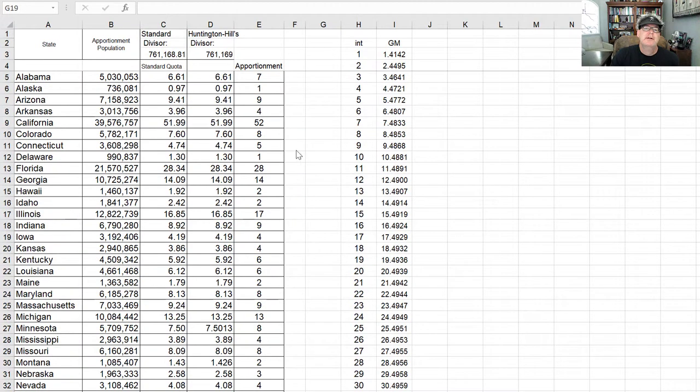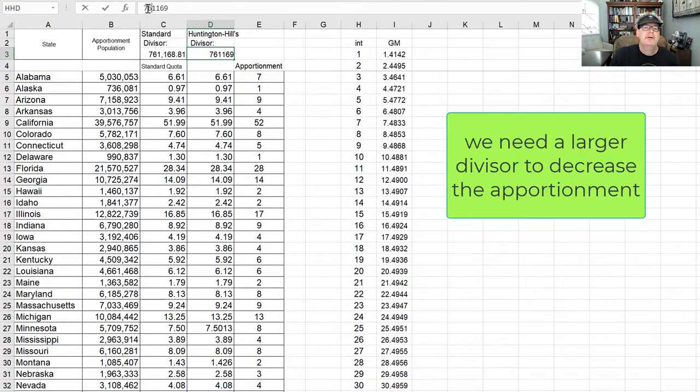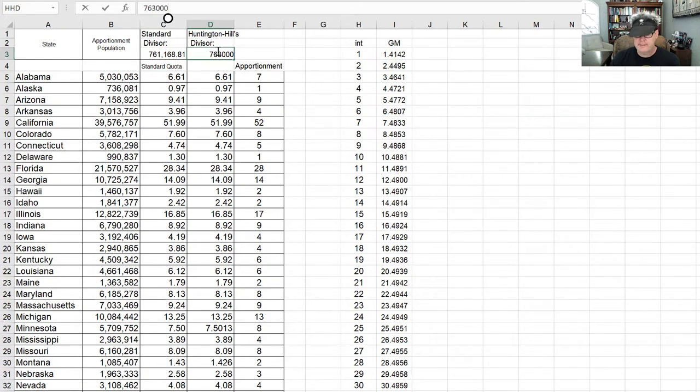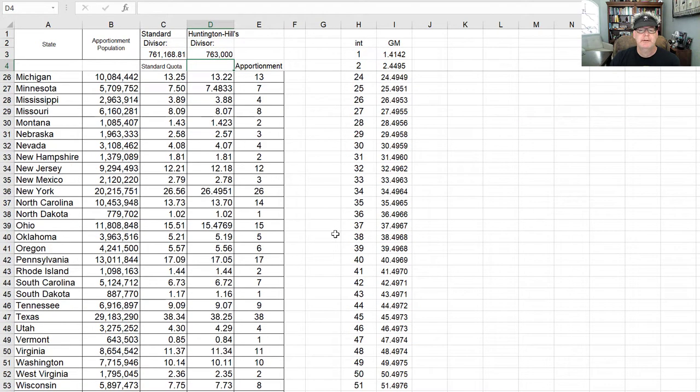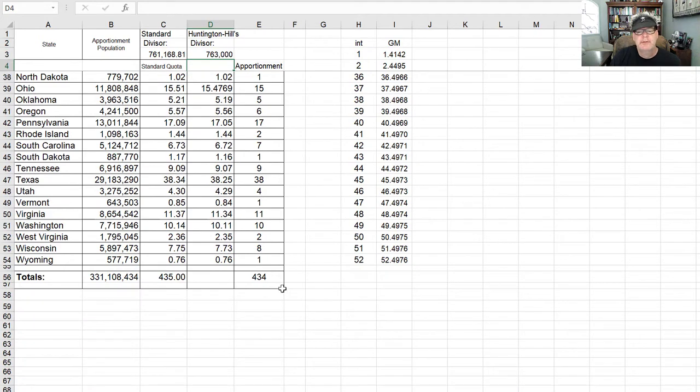Anyway, so we're going to change our divisor and lower this. We've got too many, we need to make it smaller. Let's go to 763. That still didn't, oh there it goes. So that's too big.